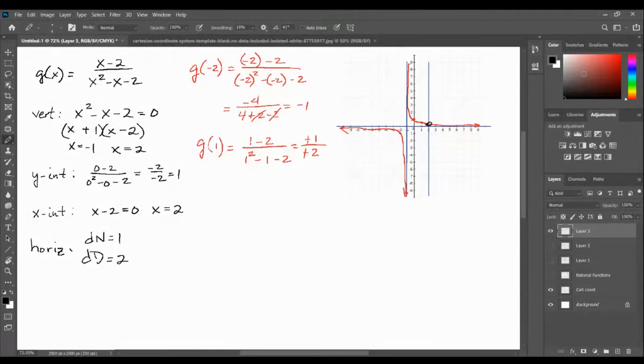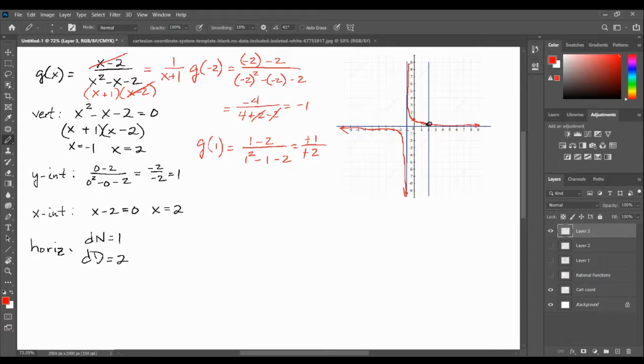Because x minus 2 is a factor in the numerator and the denominator, what we could have done, once we factored this denominator into x plus 1 times x minus 2, is cross those out and end up with 1 over x plus 1.